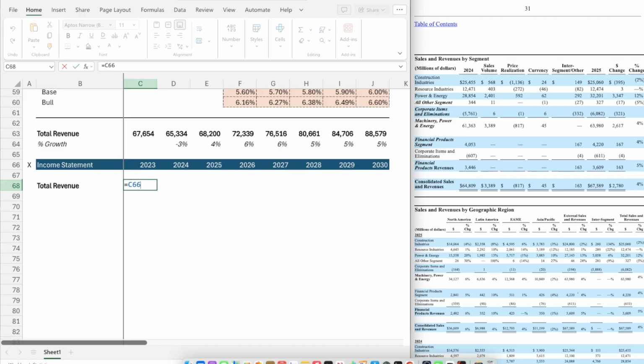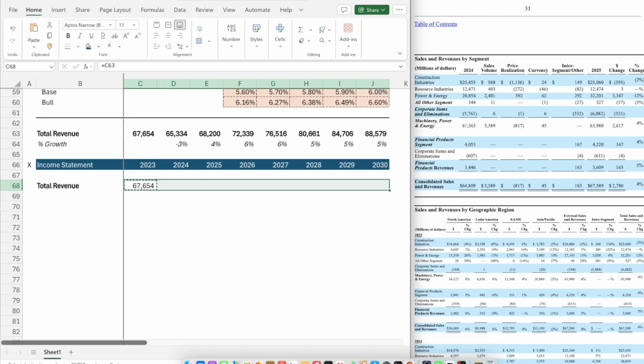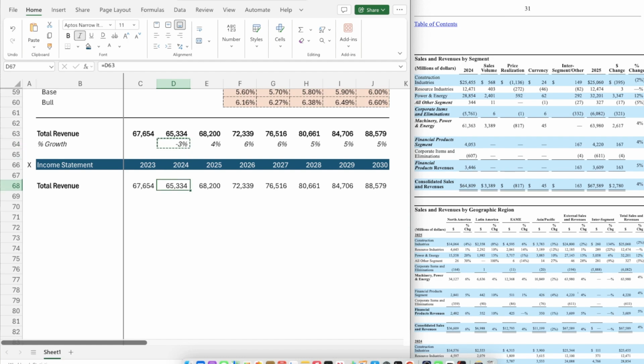Just always put it equal to what we've just calculated. Growth rate.